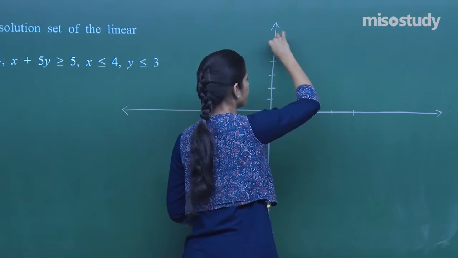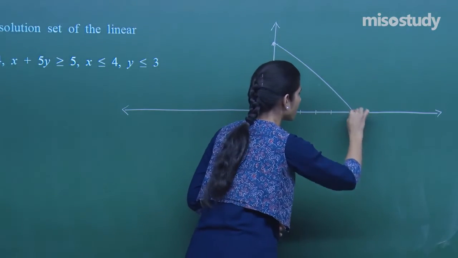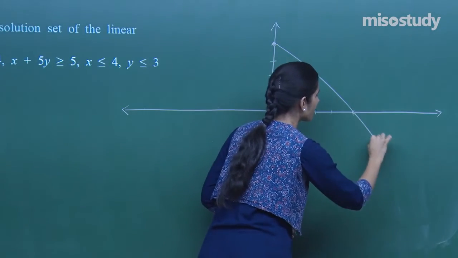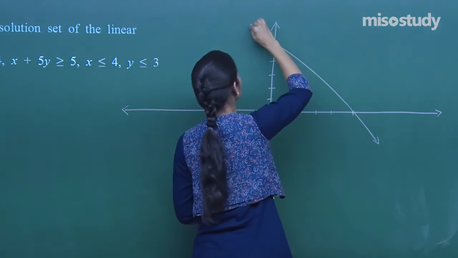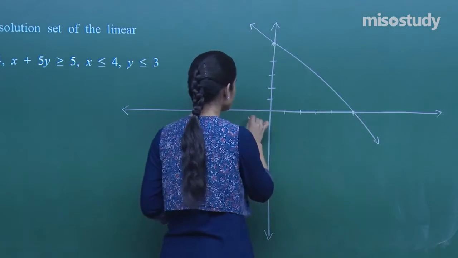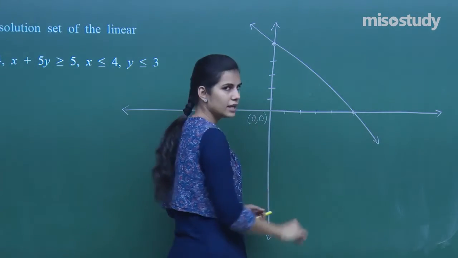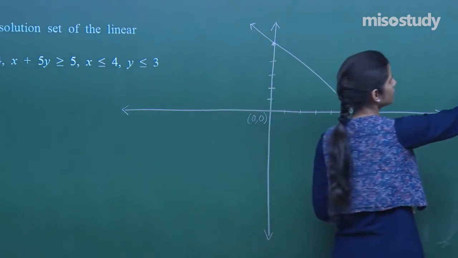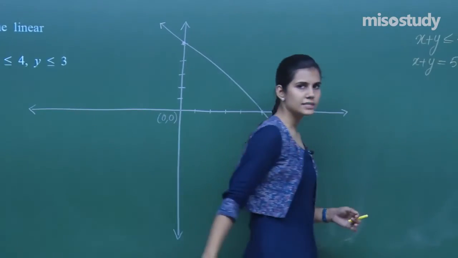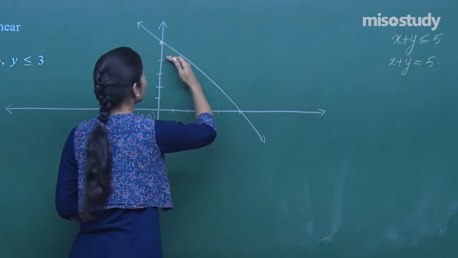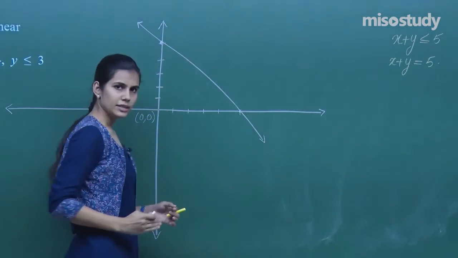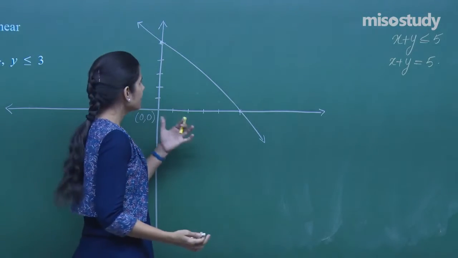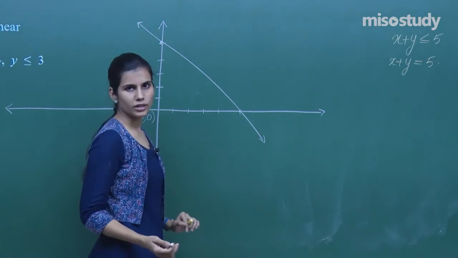Join both of them. You have got your line. Now you can see 0, 0 is not lying on the line. If you put 0 here and 0 here, 0 is strictly less than 5, and therefore everything on this line and below this line will be the shaded portion, giving you the solution set of this given inequality.